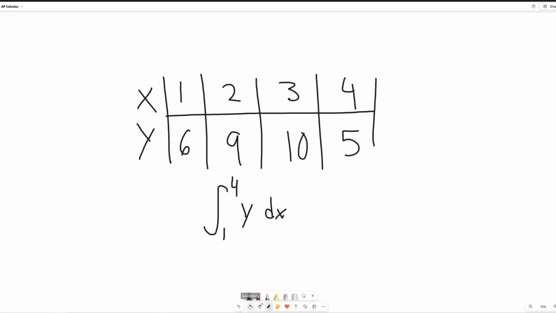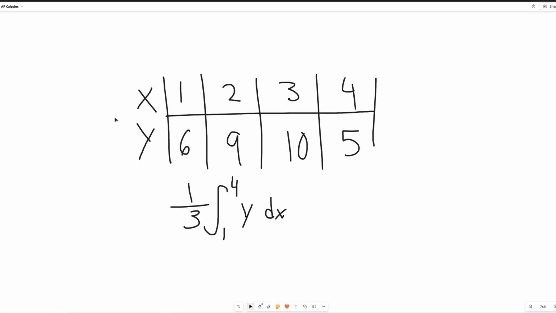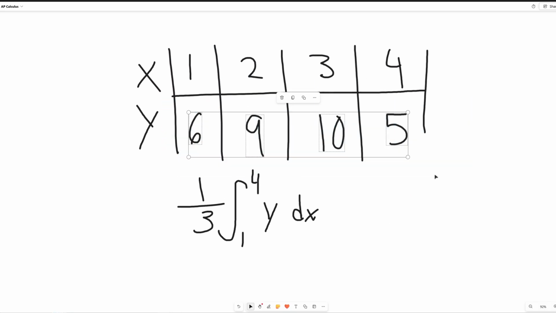This would be an FRQ problem. So you do an integral from 1 to 4 of your f of x function, and then you just divide it by 3 because your interval is 1 to 4. So 1 over 4 minus 1 equals 1 over 3. So if I wanted to find the average value of this function y over the interval 1 to 4, I would just take our quote-unquote integral, which is really an approximation from a Riemann sum, and then divide it by 3.